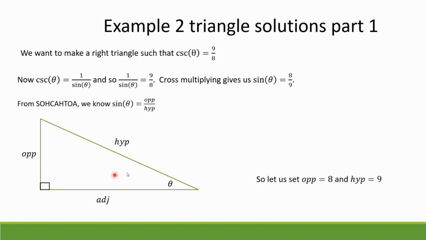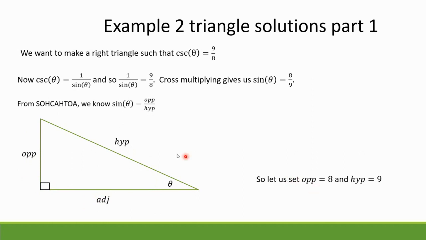Here we have the 90-degree angle, and this is theta. The hypotenuse is always opposite the 90-degree angle. OPP stands for the length of the opposite side, opposite theta. This side is next to theta, so it's adjacent. ADJ stands for the length of the adjacent side, and HYP is the length of the hypotenuse.